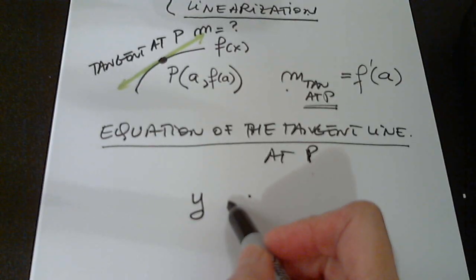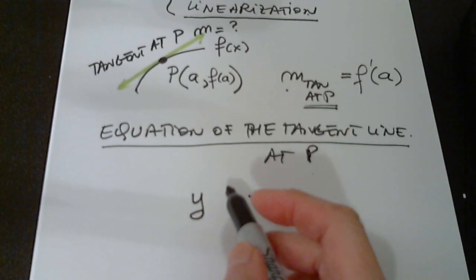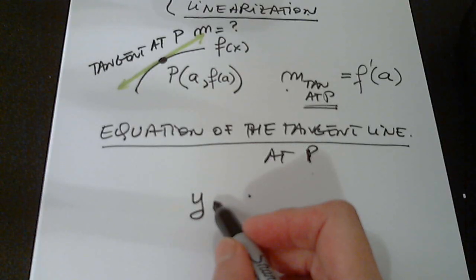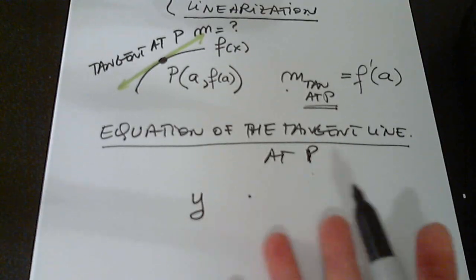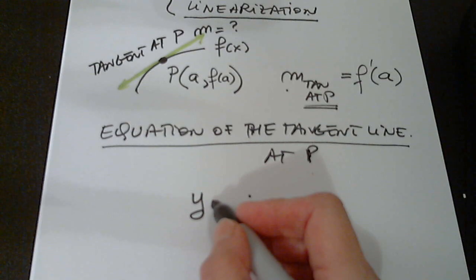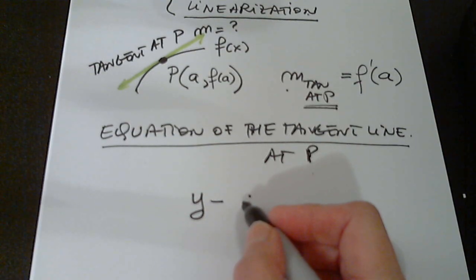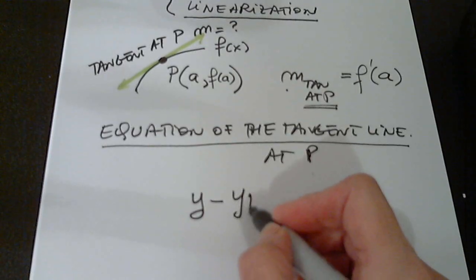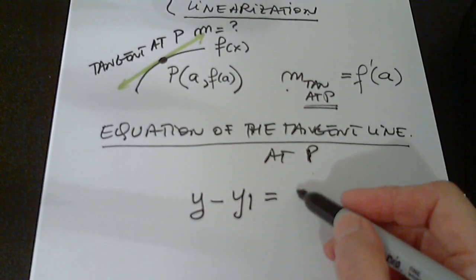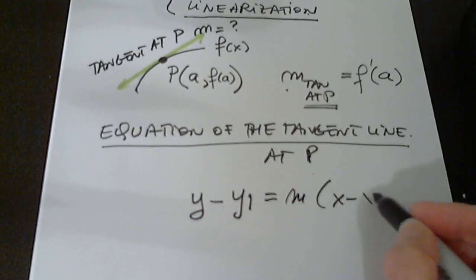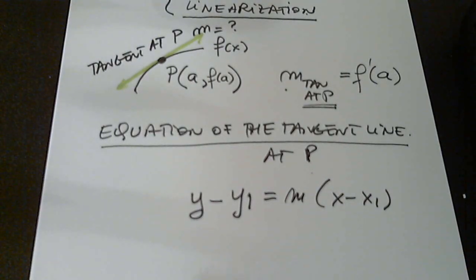Well, this is algebra. This is not even calculus. y minus y1 equals m, the slope, times x minus x1. Brilliant. Thank you very much, Jesse.